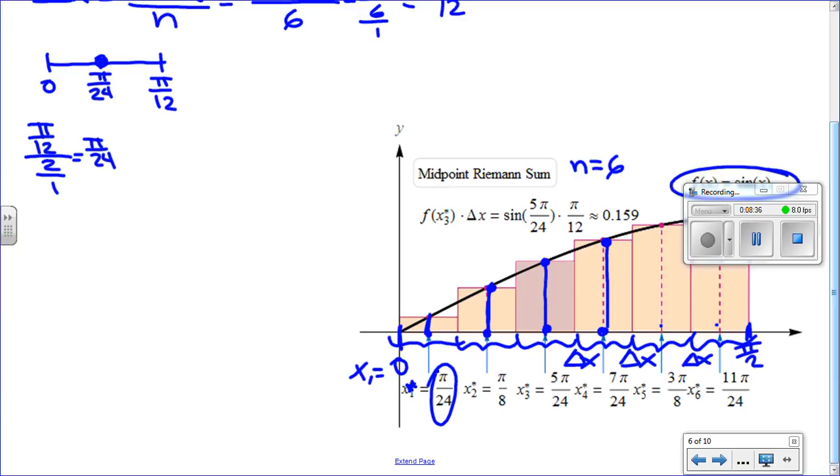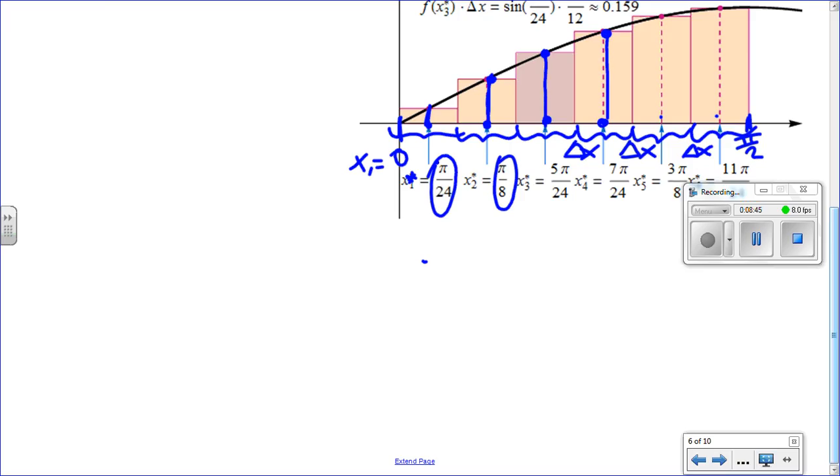Now our next midpoint is going to be pi over 8. How do we get pi over 8? This point is 1 pi over 24, then this point here will be 2 pi over 24, then 3 pi over 24, and then 4 pi over 24.